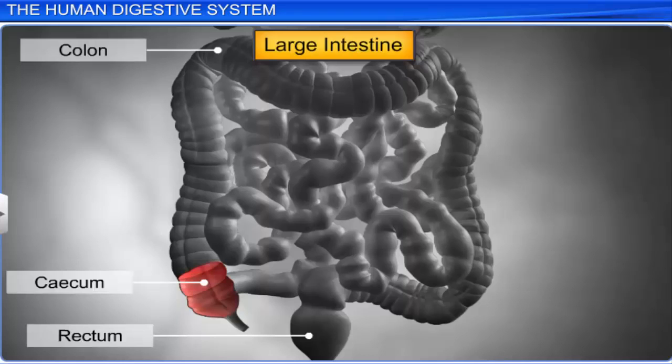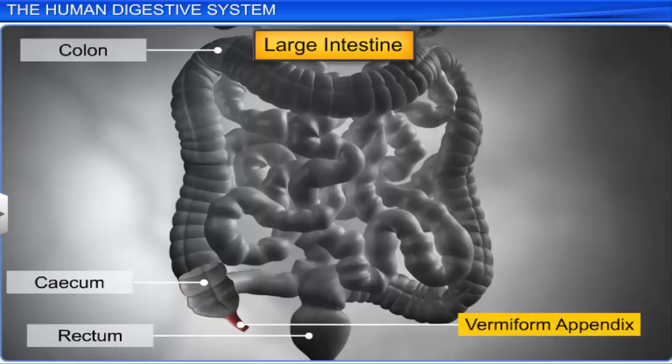Moreover, in humans, the cecum gives rise to a narrow finger-like tubular projection called the vermiform appendix, which is a vestigial or functionless organ.